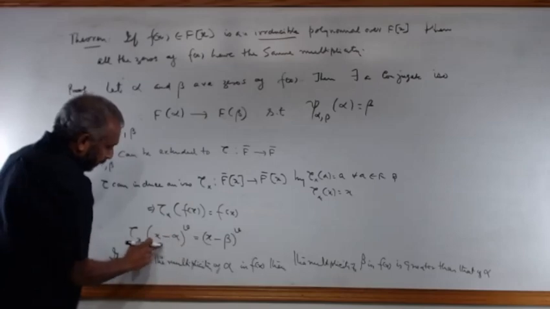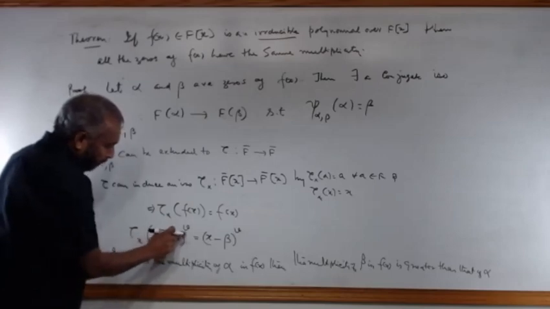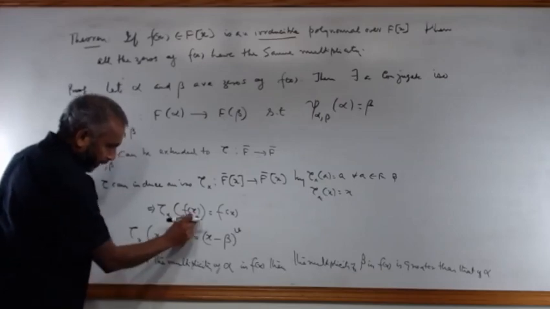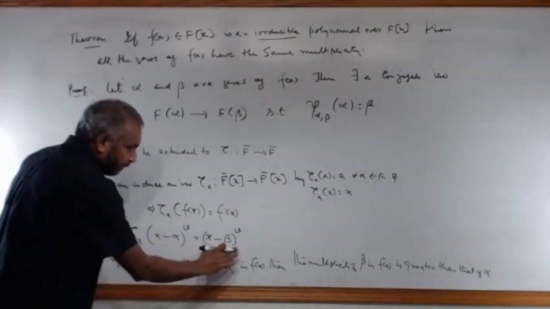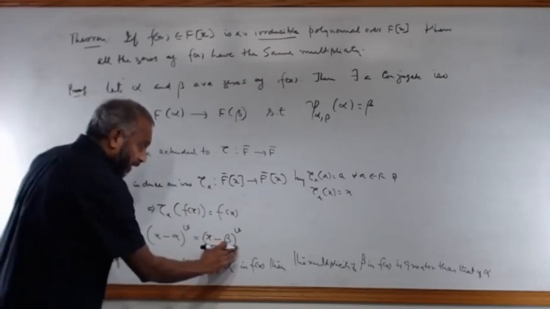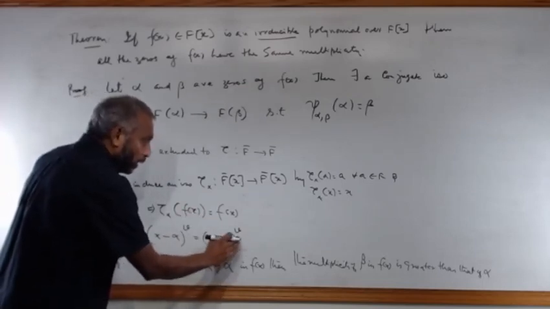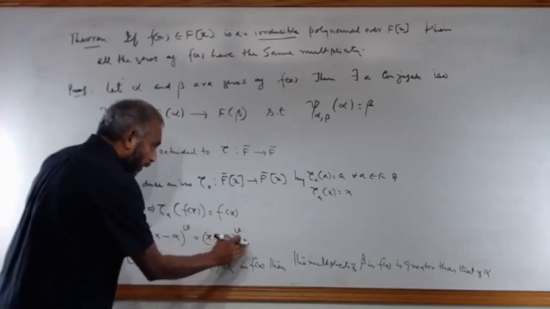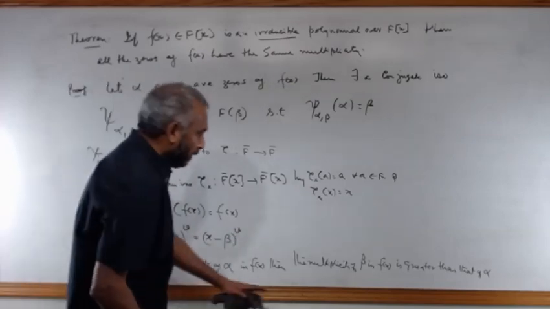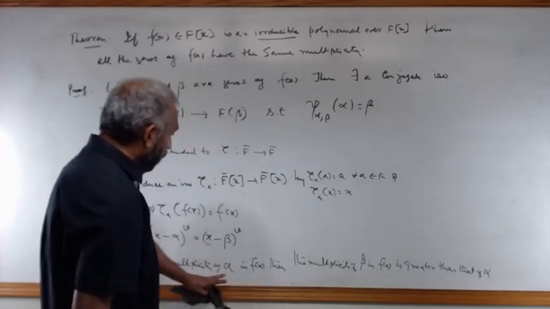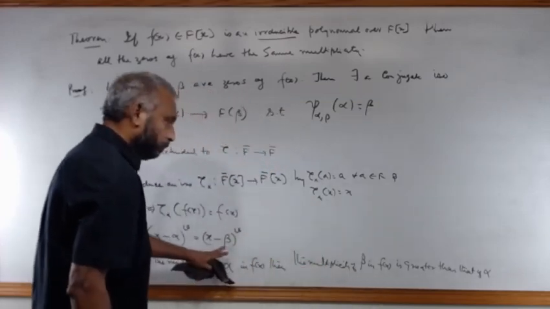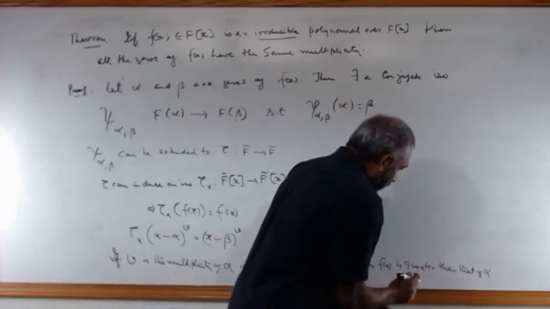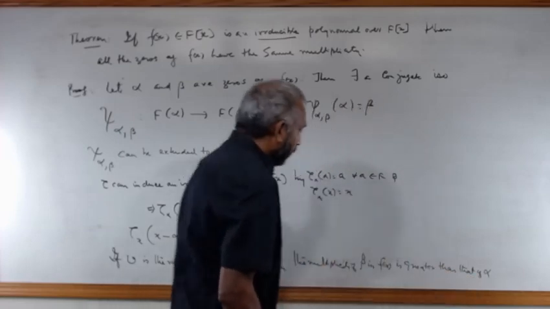See, if v is the multiplicity of alpha, meaning this is a factor of f(x), then this is a factor of f(x). This being a factor of f(x) doesn't mean that you cannot have (x minus beta) to the power v plus 1 a factor of this. So that is why I am saying the multiplicity of beta in f(x) is greater than or equal to that of alpha.